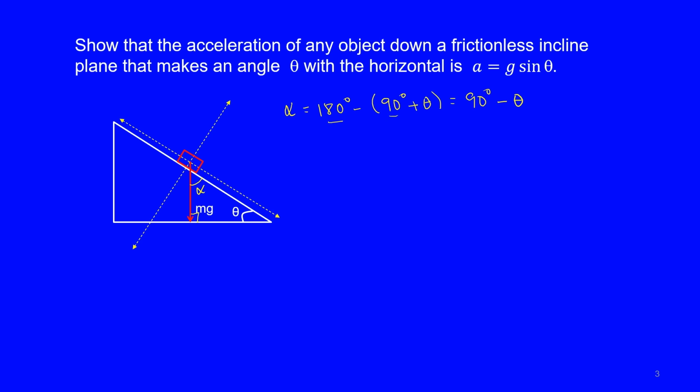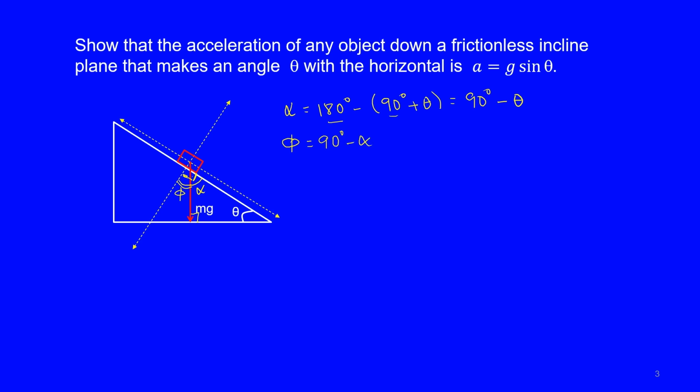Now we know that the vertical axis and the plane make 90 degrees because the vertical axis is perpendicular to the inclined plane. This whole thing is 90 degrees. So what is this angle going to be? Let's call it phi. So phi is going to be 90 degrees minus alpha.